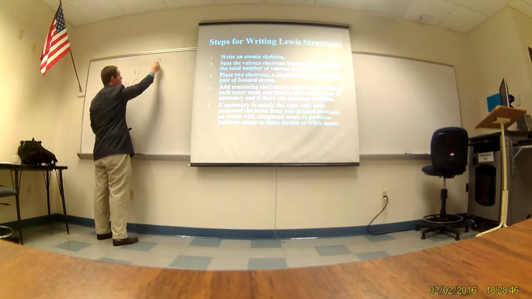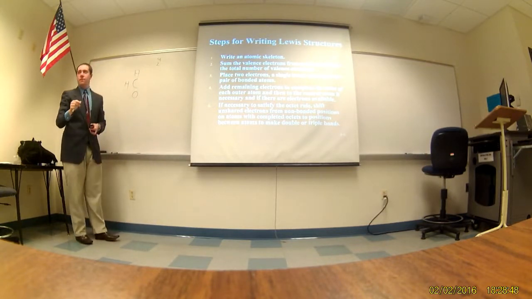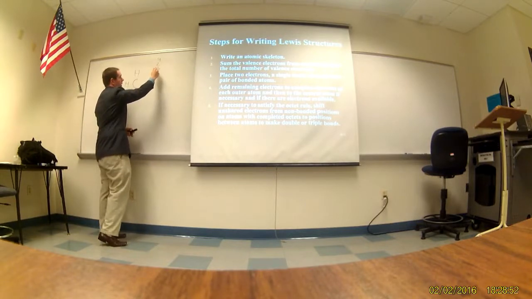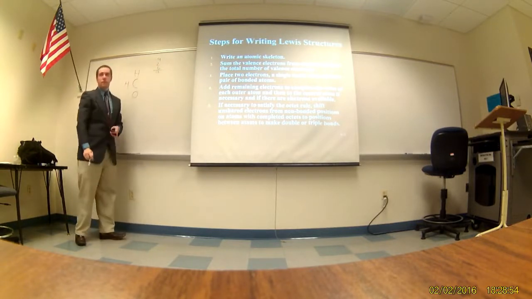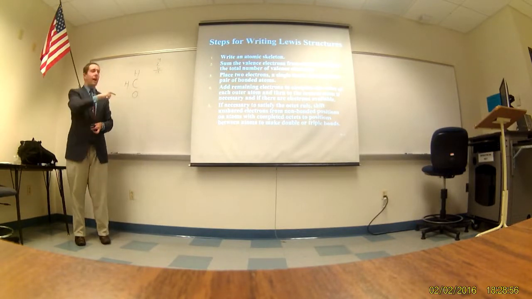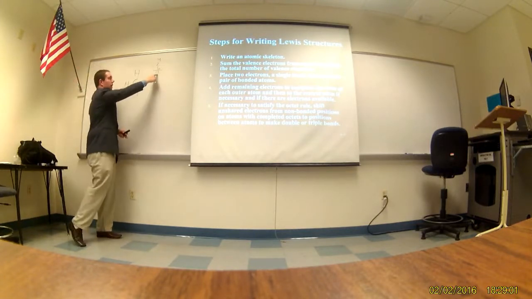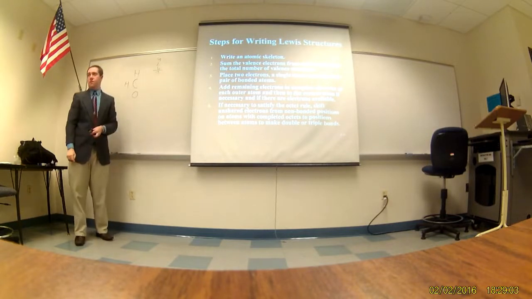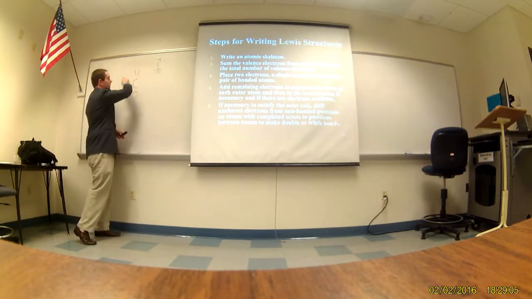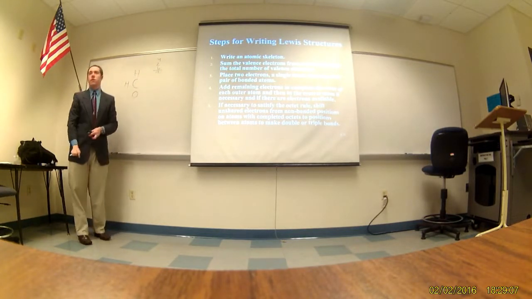So we have 2 electrons from the hydrogens. And how many does the oxygen bring? 6. So we have 12 total. Okay? When I do this, I add up the electrons and I write my number down. I'll draw my skeleton and I'll write my total number of electrons.